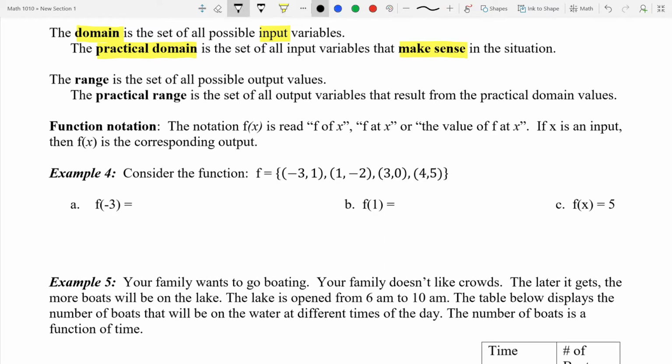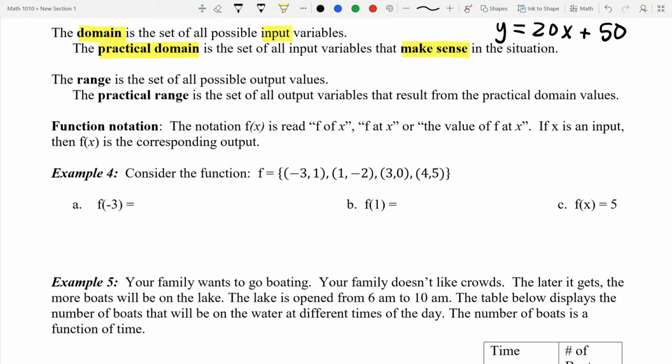So write this down. Everybody go, y equals 20x plus 50. I'm making it up. That's an equation. It's a line. If I graph the line, it would look something like that. X can be anything. X can be positive, X can be negative. The domain is anything.